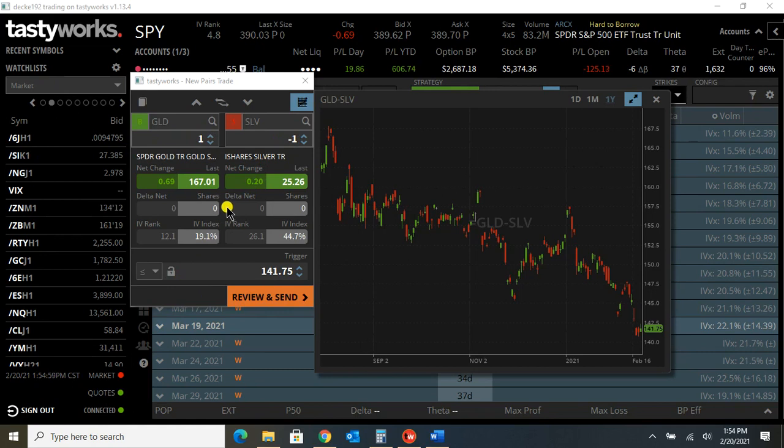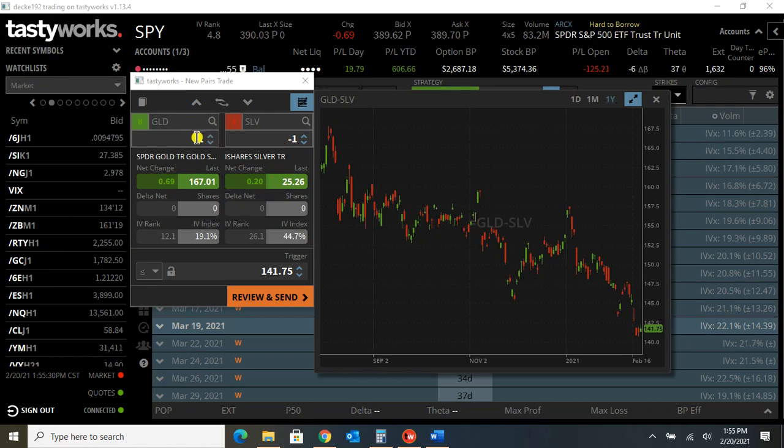The second way is to put on the number of shares based on the buying power. What I mean by that is basically the price of each underlying. Since gold is 167 and silver is 25.26, if you take 167 and divide it by 25, you get about 6.5 shares of silver for every one share of gold.